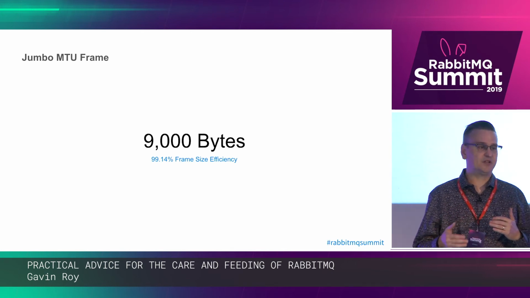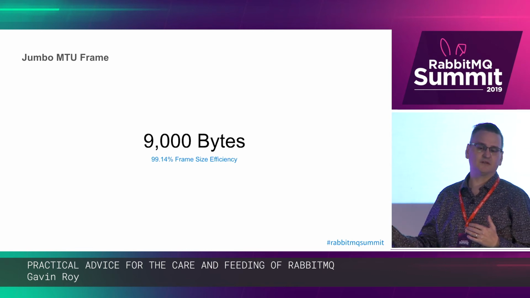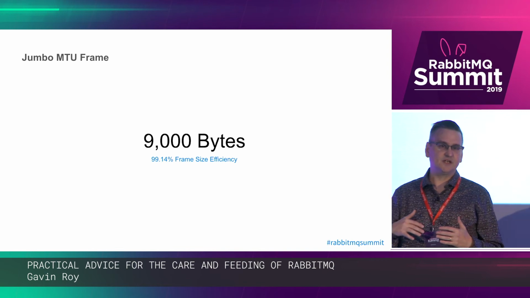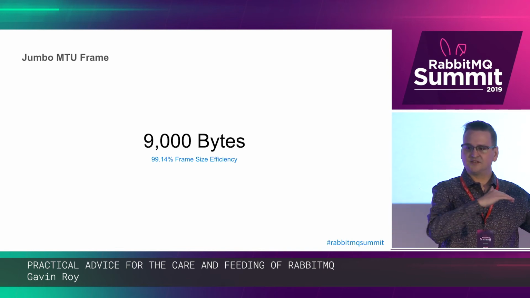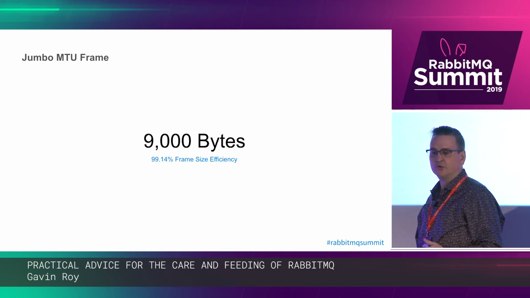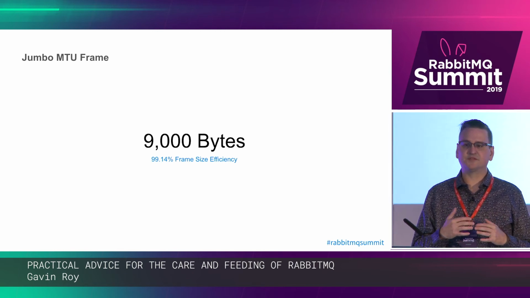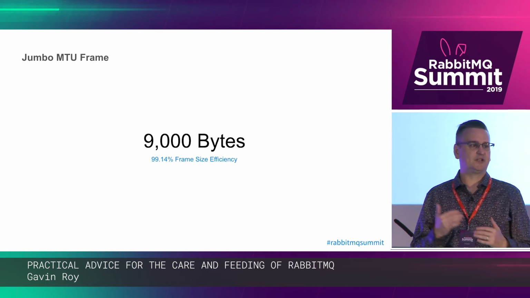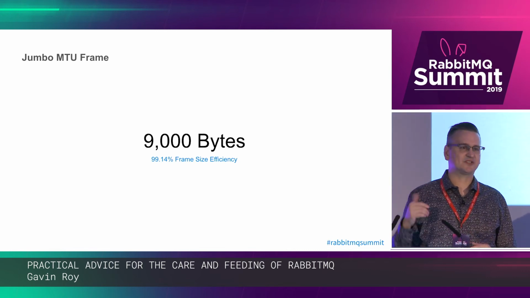And if you have the ability to use jumbo frames, that gets you to 99.14% frame size efficiency as far as the overhead for sending the messages on the Ethernet stack versus the amount of payload that's there. And those kind of things make important and subtle differences in your application performance. It's not all just layer 7, as it were.